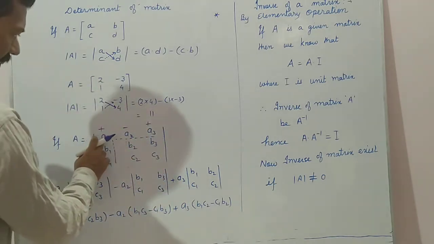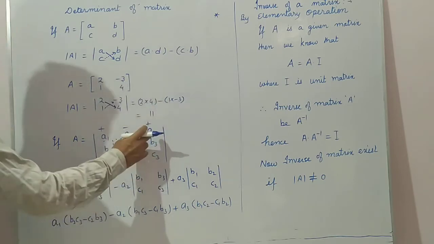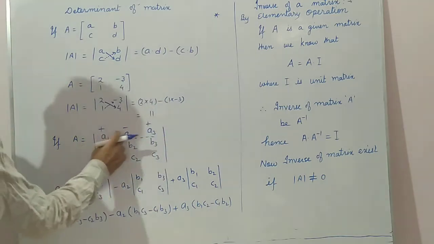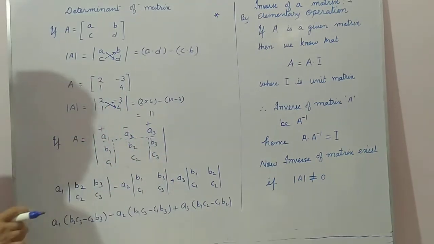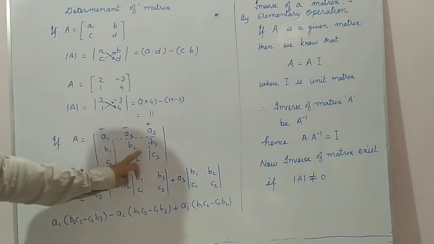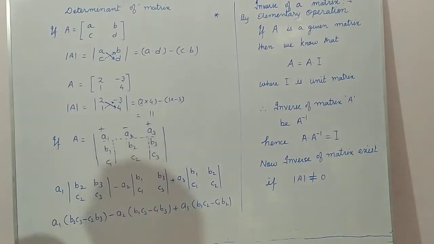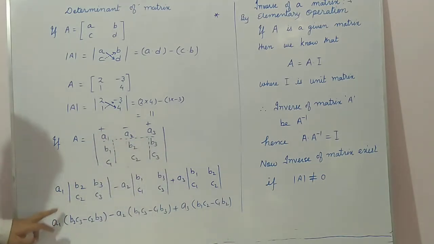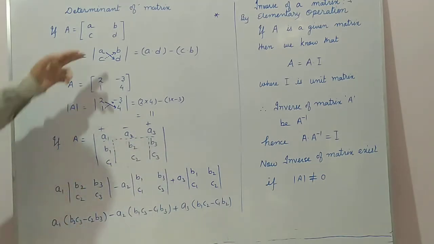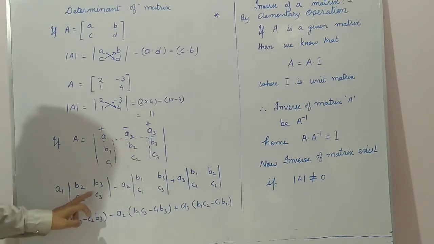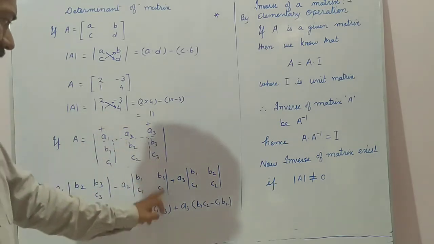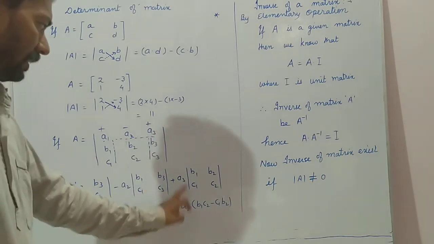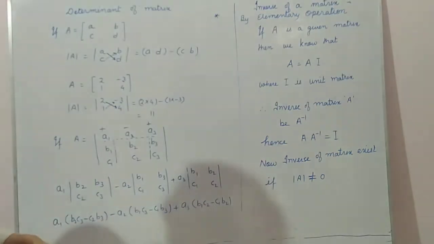Then you eliminate the row and column associated with A3. You are left with the determinant of B1, B2, C1, C2. Now this is A1 times its determinant, which you can find as we have done earlier: B2 C3 minus C2 B3, minus A2 times B1 C3 minus C1 B3, plus A3 times B1 C2 minus C1 B2.